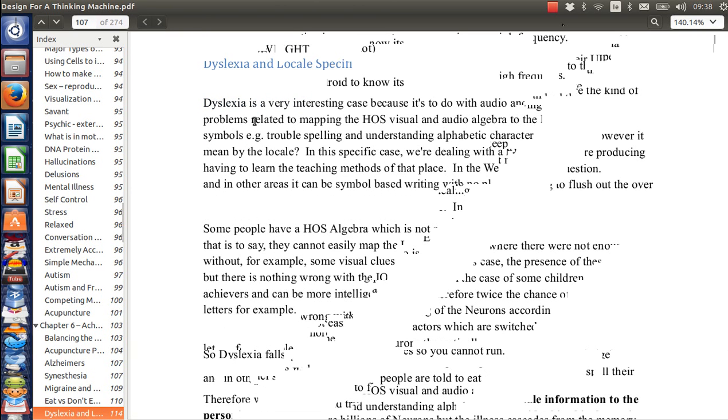And finally, and last but not least, I want to talk about dyslexia and locale-specific learning. Now, this is really important. Somebody has dyslexia, and it sounds like an illness, but what is it according to this theory?